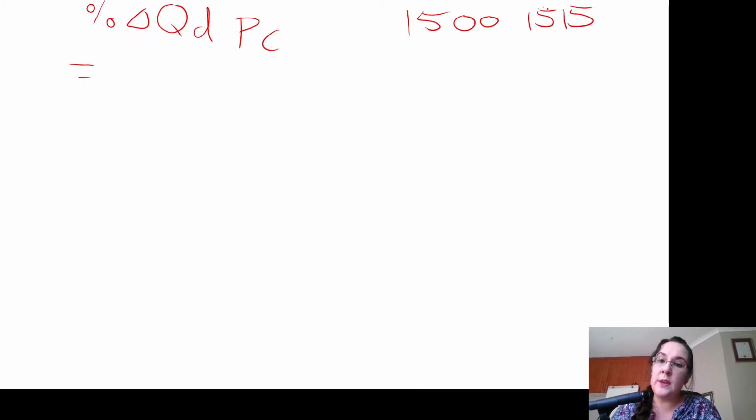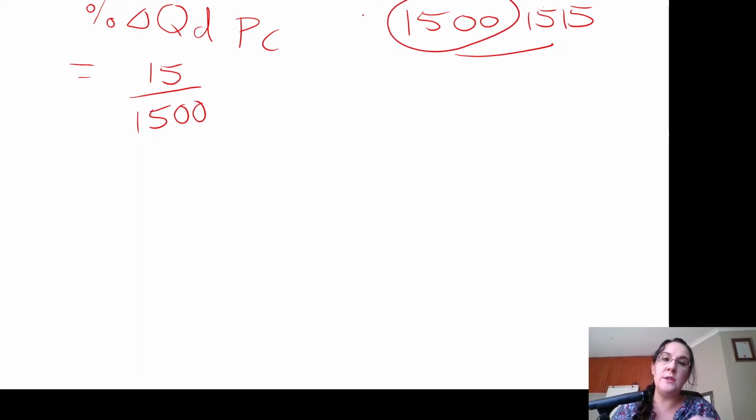Again, I have to work out the difference. So the difference is 15 between these two, and it is going to be divided by that 1,500, which was the original amount. I'm going to times it by 100, and that should give me 1%.